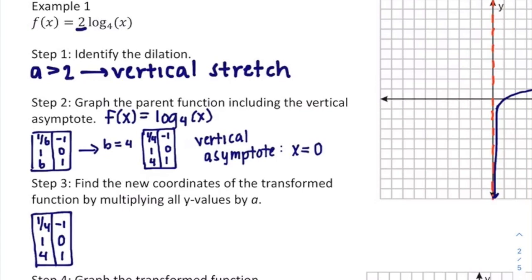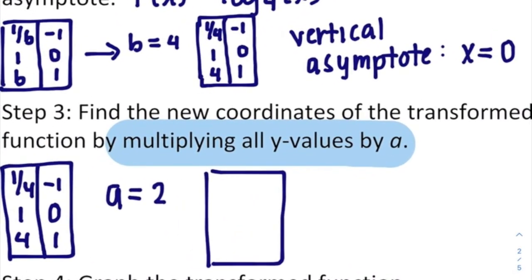And then in order to apply that vertical stretch, we're going to take all of our y values and multiply them by a. In this case, remember, a is equal to 2. So our x values are going to stay the same.